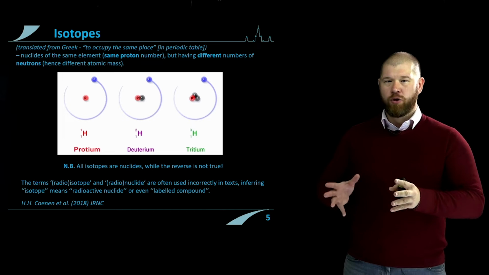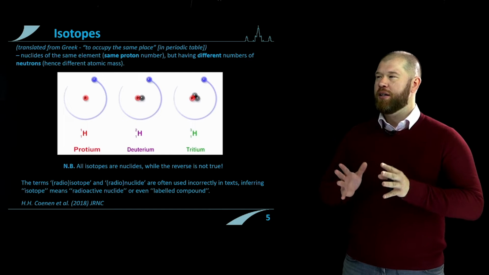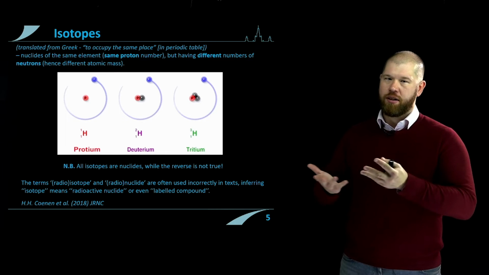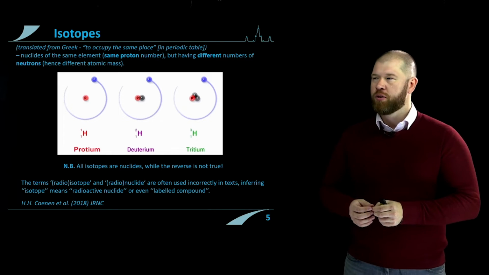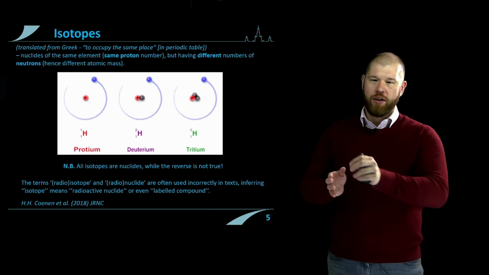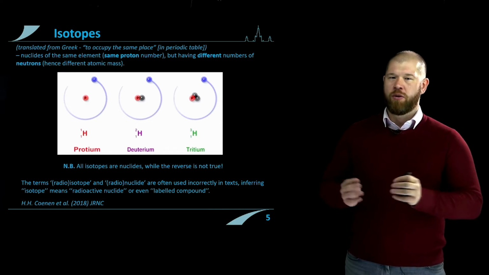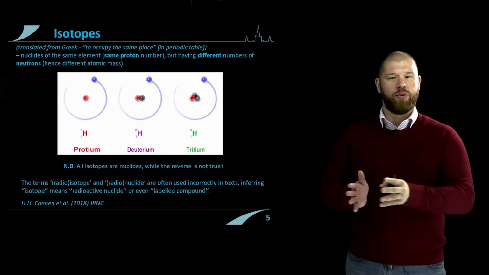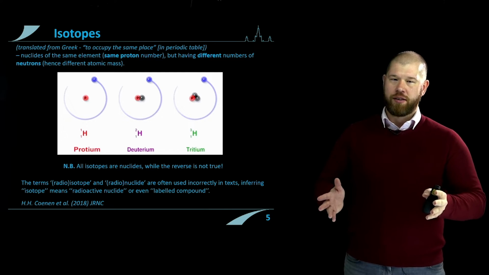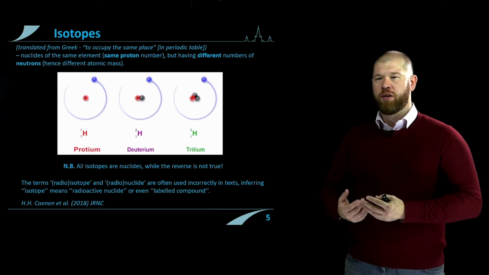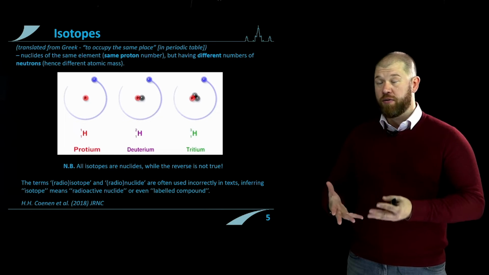There are isotopes for the elements, and isotopes means that a certain element, thus containing a certain number of protons, can have different numbers of neutrons. So the chemical properties of these isotopes of the same element will be the same, but their nuclear and some physical properties can be different.